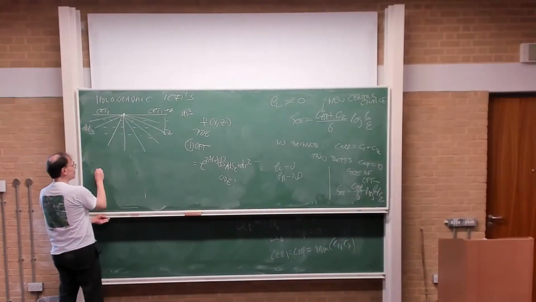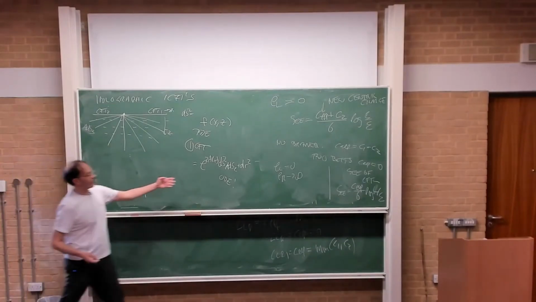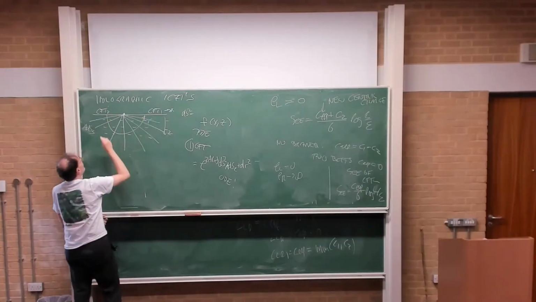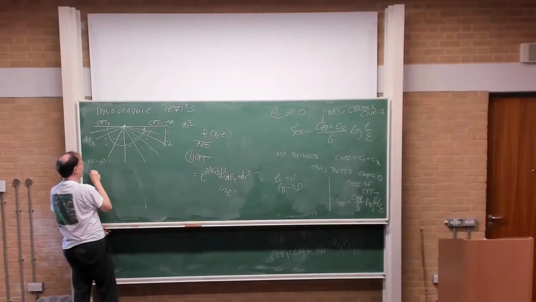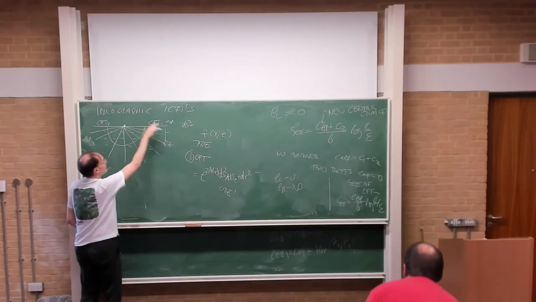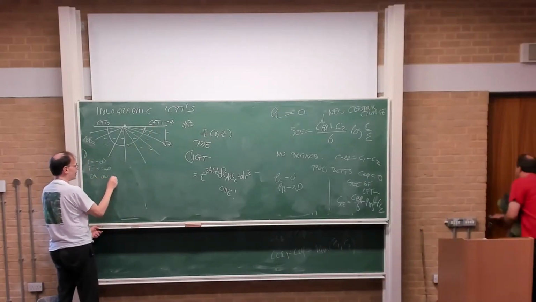There's some coordinate change between them. This is my r, which goes like this. r equals minus infinity would be the left space, so if I want to study the boundary, that's r equals minus infinity, and r equals plus infinity is the right part, but then it's also infinity on each slice.